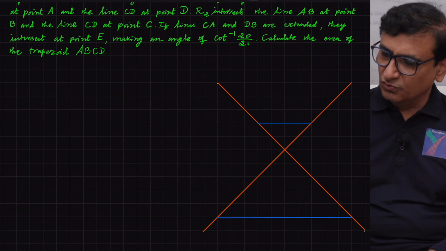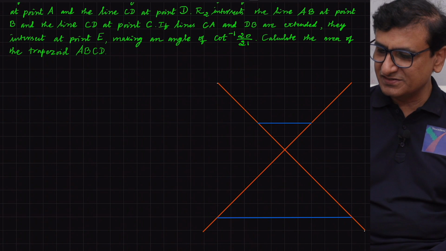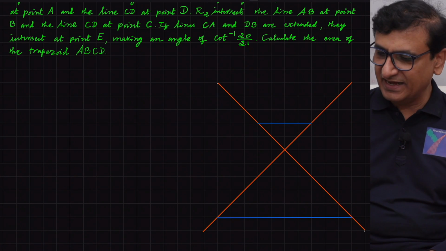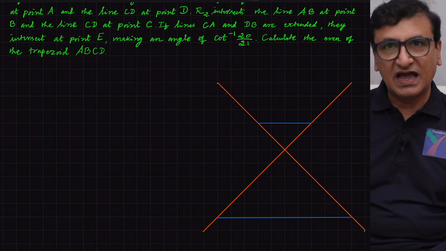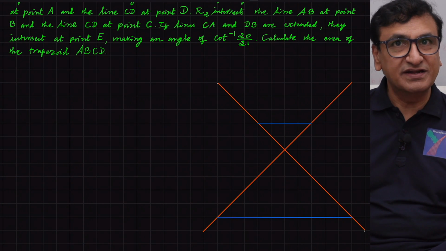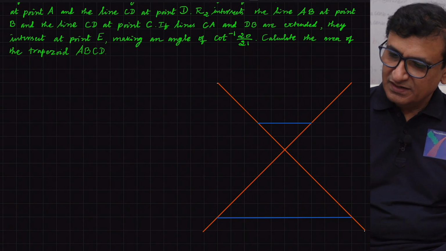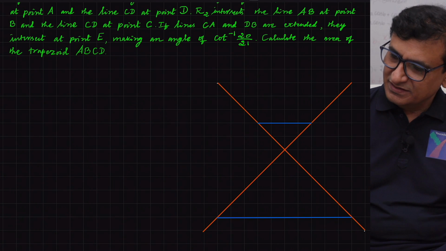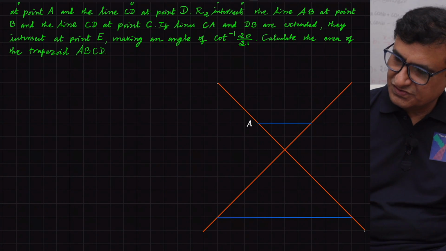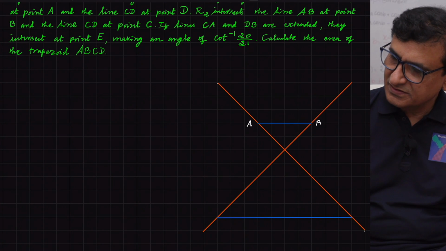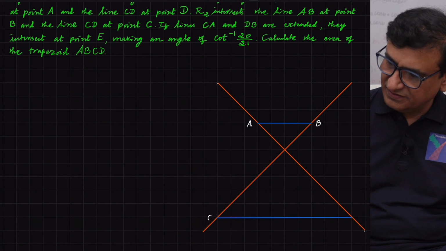Now what is given is if you extend the lines CA and DB, they will meet at point E. Let me name the lines AB and CD. So this is AB and this is CD.